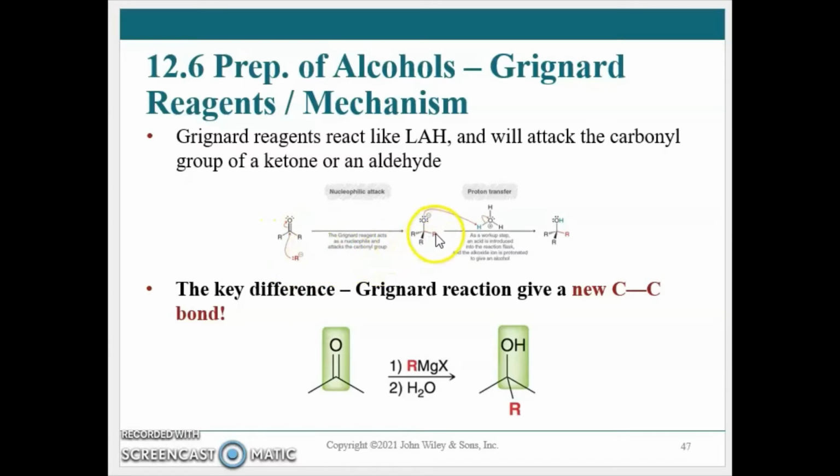So we're going to pick up this R group here, and we will form an alkoxide ion. And in the workup step, we will have a proton transfer from a protic solvent to give our alcohol with the new R group. So this is really significant because we can significantly modify the structure through the choice of our R group when we make our Grignard reagent.